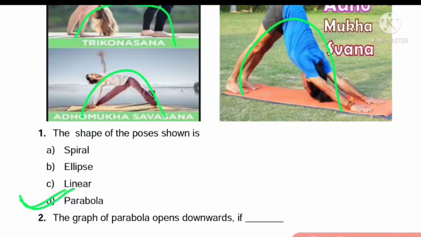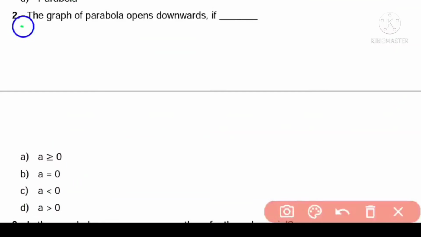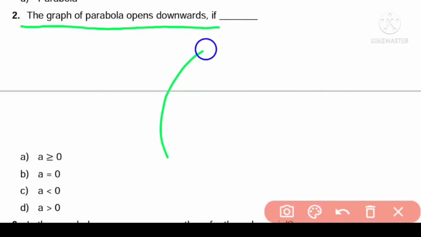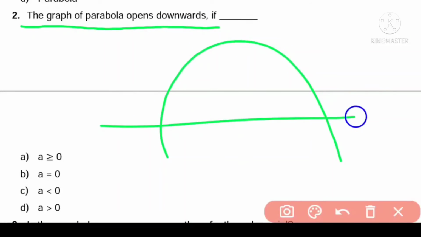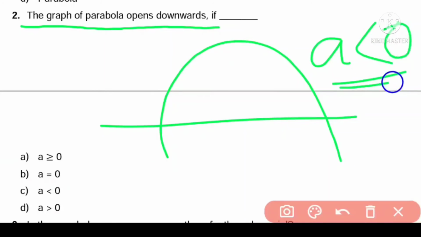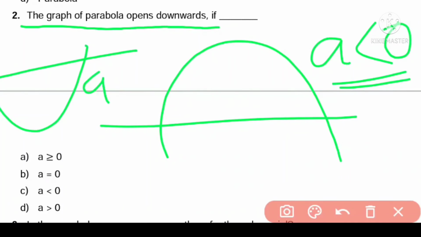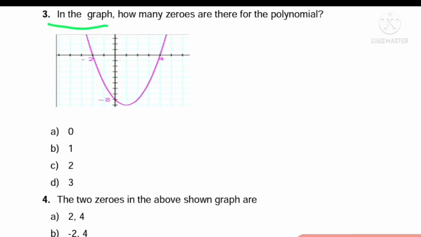Answer is D. Number 2: the graph of the parabola open downward, means the graph is this type. This type graph we have only when we have a less than 0, and upward we will have when a is greater than 0. So here answer is C. In the graph, how many zeros are there for the polynomial?